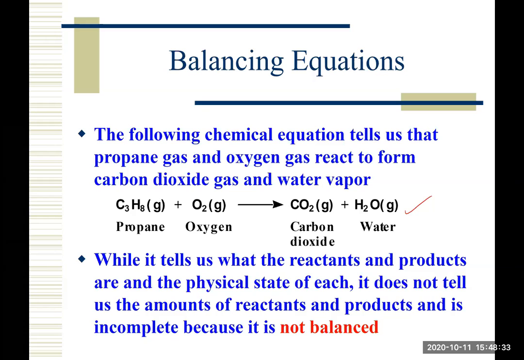It's not balanced. We need to be able to go into the lab and calculate what amounts we need in masses in order to conduct a reaction or a chemical experiment, because we can weigh masses on a balance, but we have to know how many moles of a substance we have, or how many molecules or how many atoms, in order to determine what the mass would be.